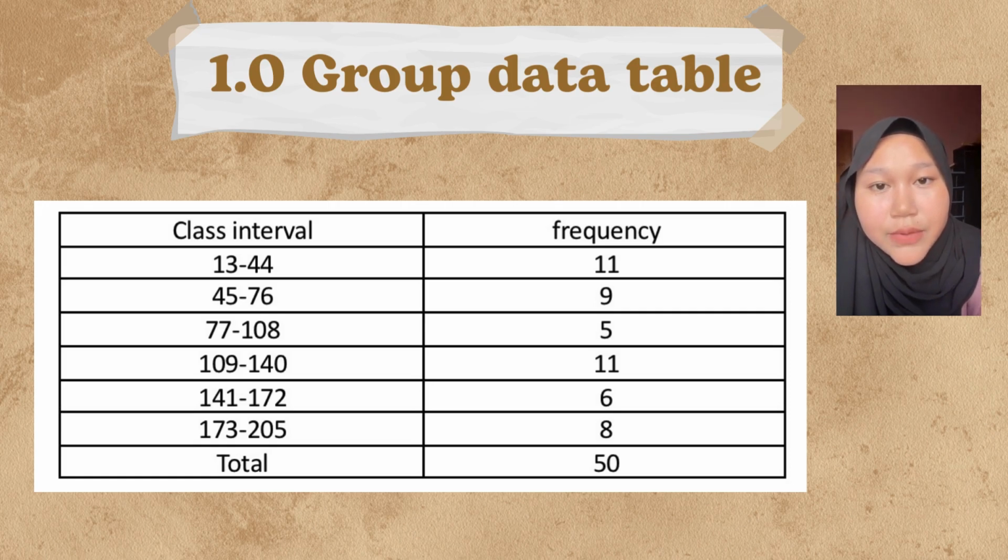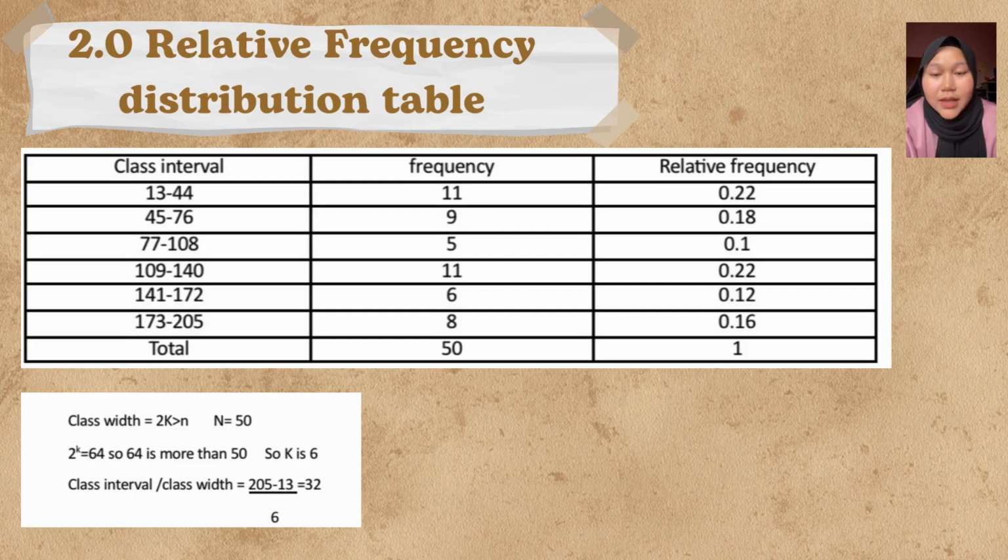And the total is 50. Next, the second is the relative frequency distribution table.